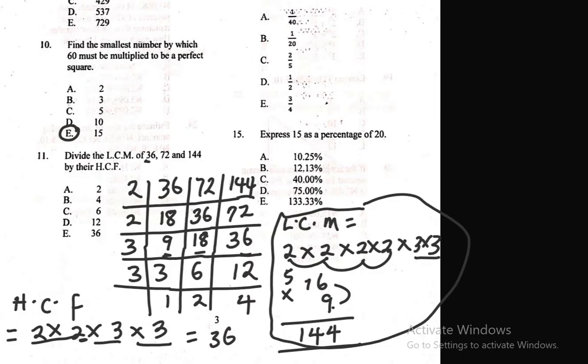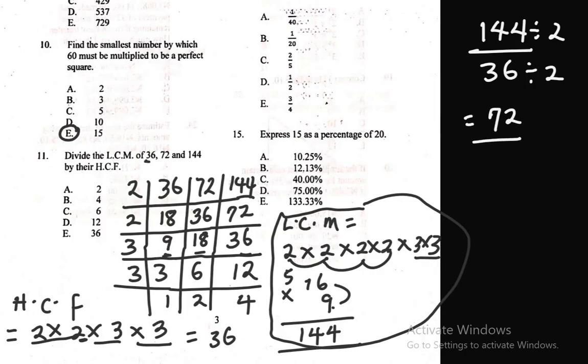The final instruction: divide the LCM. The LCM is 144. Now divide it by 36. All you need to do is reduce it to the lowest term. Let's divide both sides by 2. So 144 divided by 2 gives 72. 36 divided by 2 gives 18. Let's divide both sides again.